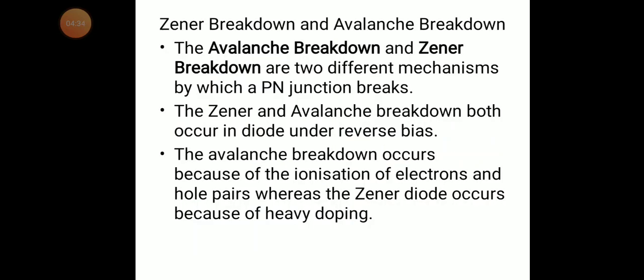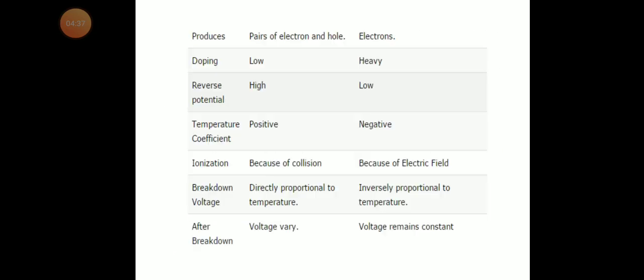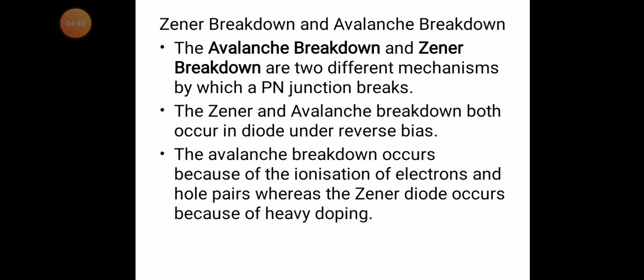Now we discuss some more about the Zener breakdown and avalanche breakdown. They are two different mechanisms by which a PN junction breaks down, and both occur in a diode under reverse bias.